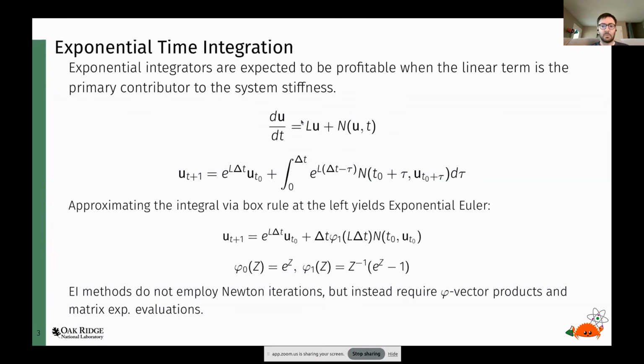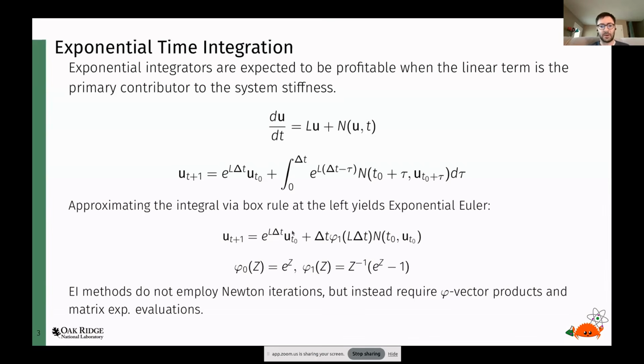And then if you multiply each side of this equation with an integrating factor and you integrate both sides of the equation, you wind up with this second equation, which is exact as written, but it does not specify how you estimate this integral. Taking the simplest possible estimation of this integral using a box rule yields the simplest exponential integrator, called exponential Euler, essentially.